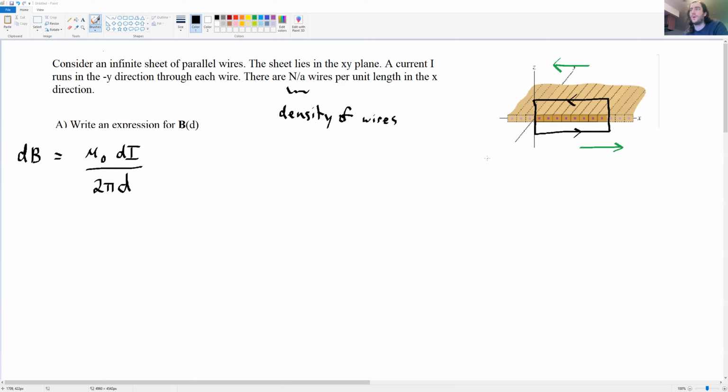So you want to go around in this particular counterclockwise direction. That way your line element dl is going to point in the same direction as the magnetic field. So dl and B will be in the same direction.